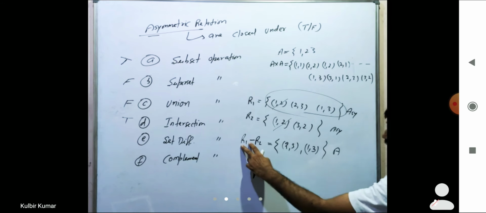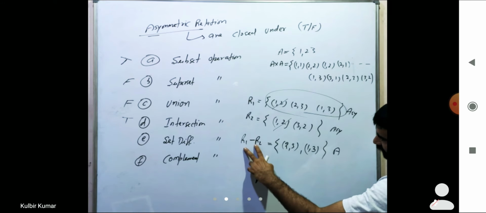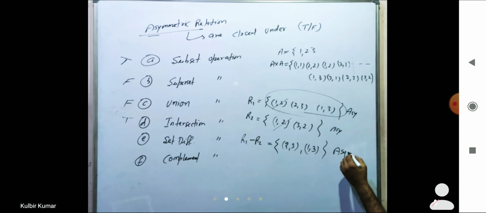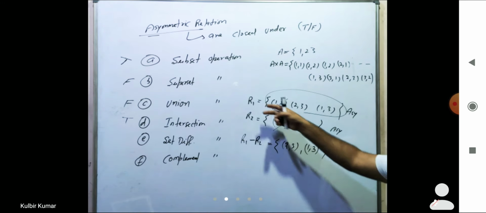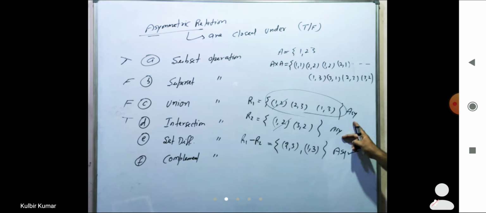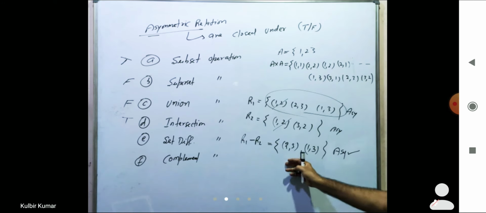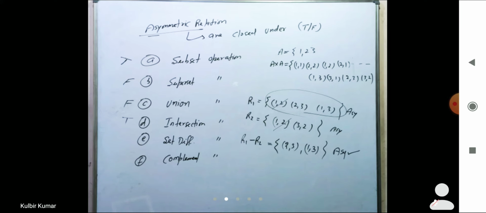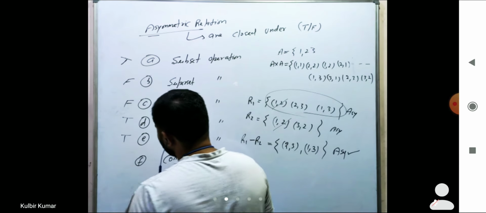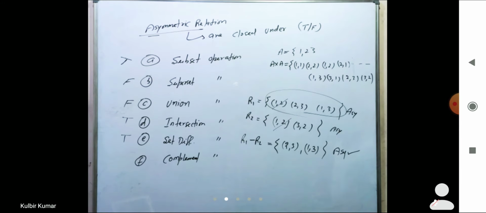So after this difference operation it is still asymmetric. We can take any relations which are asymmetric type, and if we take the difference, it will always be asymmetric type. So we can say asymmetric relations are closed under the set difference operation.